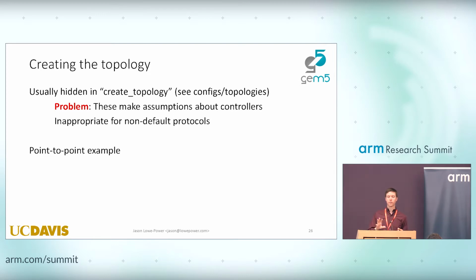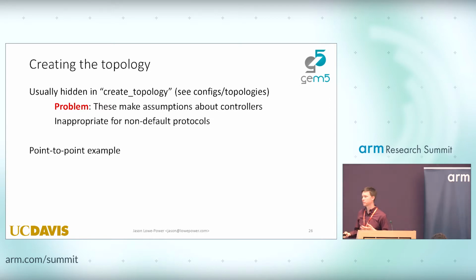And just to briefly talk about how you create this network, in gem5 right now, it's really hidden in this function, create topologies, which no one knows what happens inside of it, and you really don't want to dig into that code. But the problem with this, and a major pain point, is that create topology assumes a specific order that all the controllers were created in.